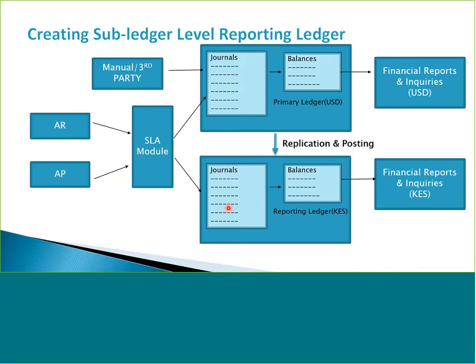So I'm going to do an introduction on what we need to do for the subledger level reporting currencies. Now, to start with, because we haven't covered the subledger modules yet, we won't be able to see the create accounting, which is housed in the SLA module, in action yet, because we need to be working with the subledger modules.